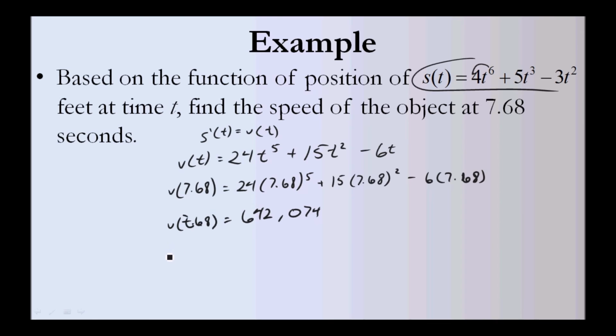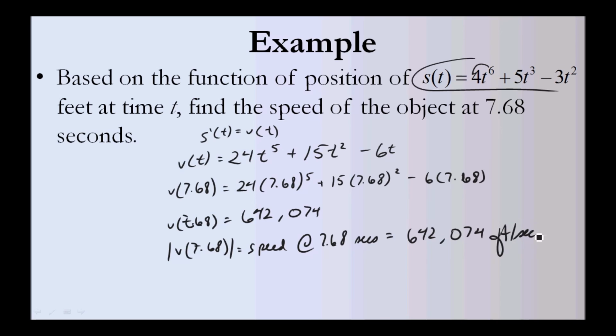So the absolute value of v at 7.68 is equal to the speed at 7.68 seconds, which is equal to 642,074 feet per second. Obviously, in this case, maybe other units would best apply.